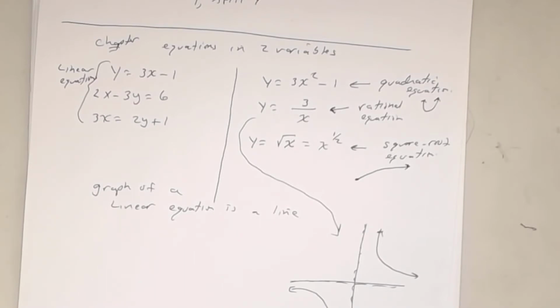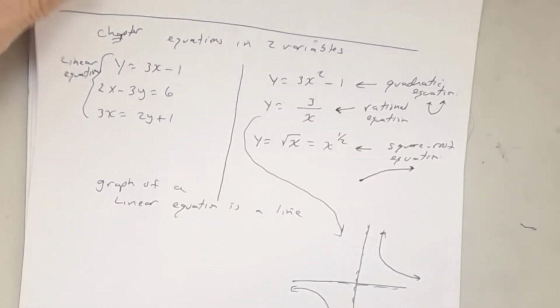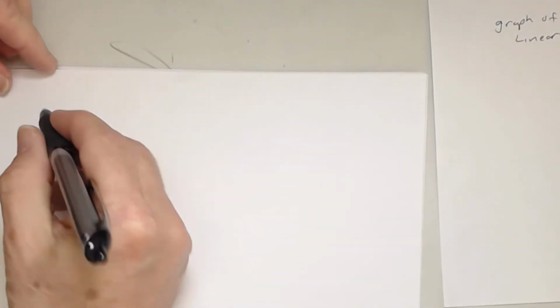When you get to college algebra, you'll be graphing things like this. So these are linear. These are not linear. Okay, now let's start talking about graphing linear equations. So let's look at this linear equation.